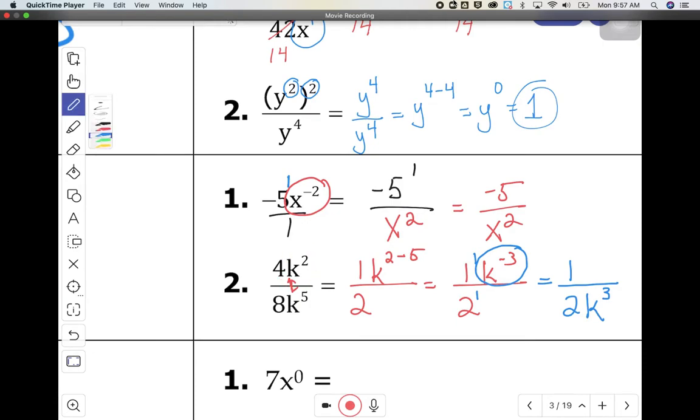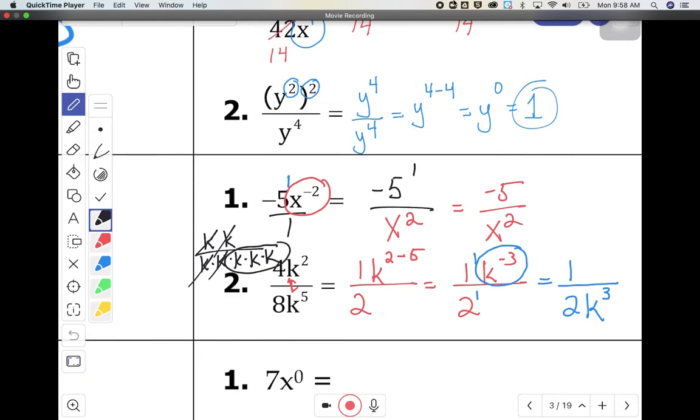So I'll give you a little visual. I have 2 k's on the top stacked up against 5 k's on the bottom. Well, this guy takes out this guy, takes out this guy, and then I have 3 k's left on the bottom. See how I have 3 k's left on the bottom in my answer?